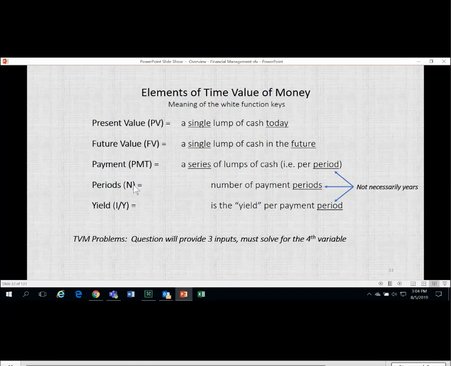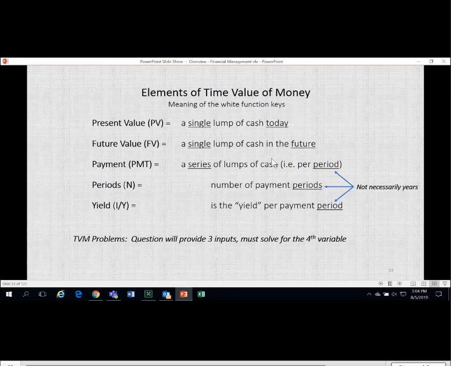N is the number of payment periods. So if you receive 2 payments per year for 5 years, you have 10 payment periods. IY is the yield per payment period. So the important thing, all three of these are not necessarily years. And if they're not years, you're going to have to make some adjustments.